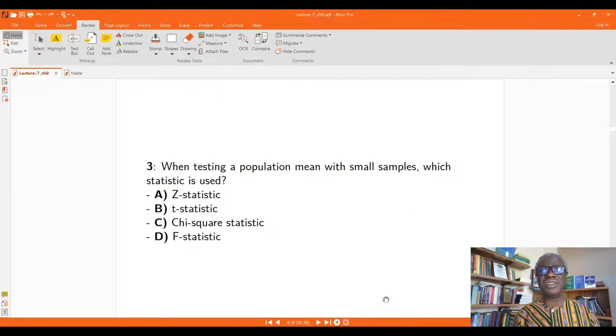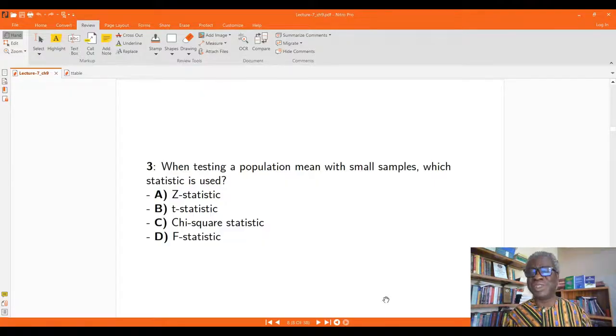The next question is, when testing a population mean with small samples, which statistic is used?